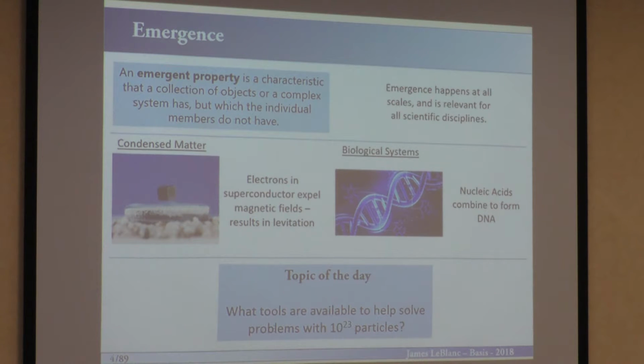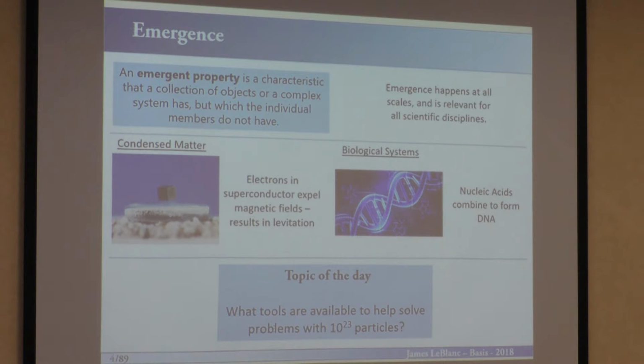Electrons in superconductors, for example, expel magnetic fields, and that results in levitation. That's something that just a few electrons on their own certainly would not do. In biological systems, nucleic acids combine to form DNA. You as a person are constructed of a series of organs, but if we took all your organs out and put them on the table, we would not say that that was you, right?